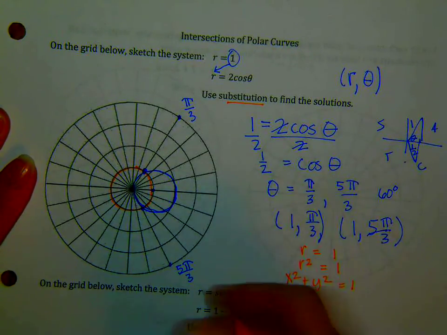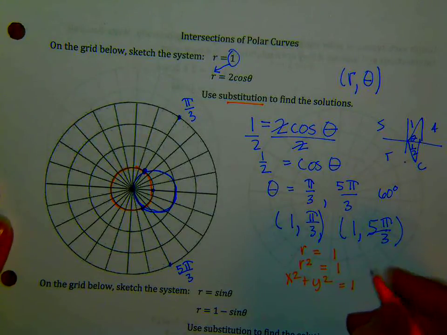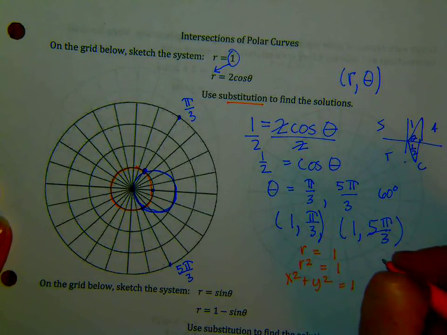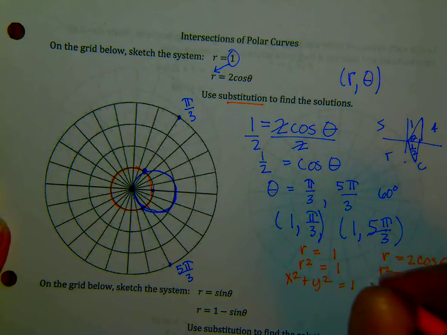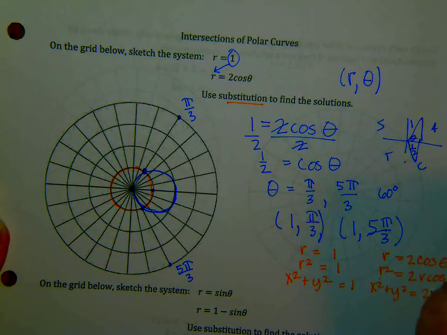And I could then take the other equation, r equals 2 cosine theta, multiply both sides by r and get r squared equals 2r cosine theta.